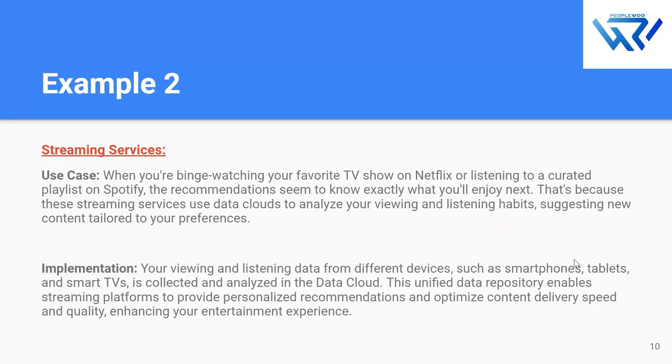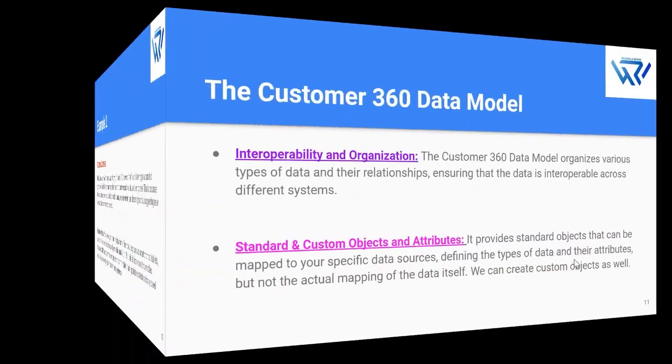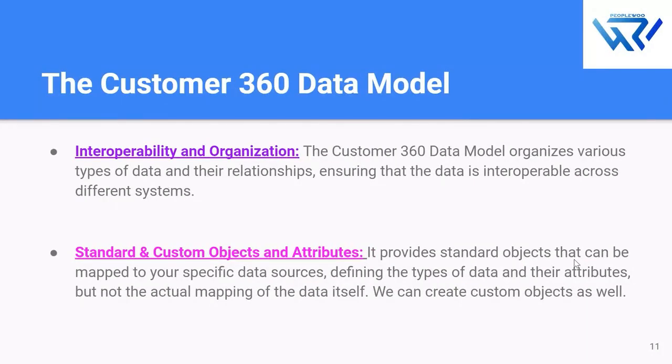Earlier we were using different individual platforms, and it was very difficult for us to get data from the outside world. But now Salesforce has introduced a platform on top of these individual platforms, which is data cloud. You might be using sales cloud, service cloud, marketing cloud, commerce cloud, any database. Connect it with data cloud, make it a centralized data repository, build a customer 360 data model, and work on data cloud segments.